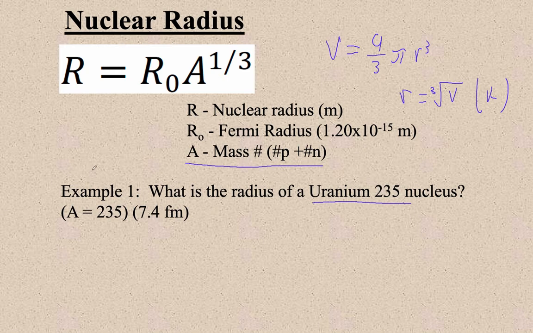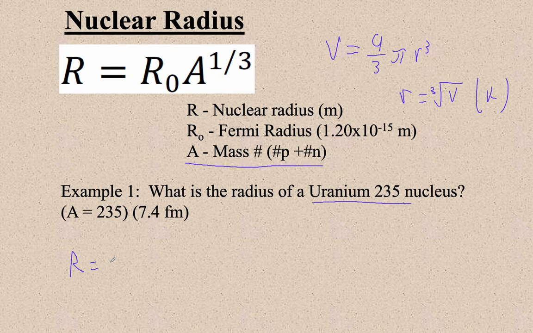The first example here is: what is the radius of a uranium nucleus? By the way, the Fermi radius is the radius if the mass number is 1, which is the radius of a hydrogen nucleus, approximately the radius of a proton. Anyway, let's use our formula here.